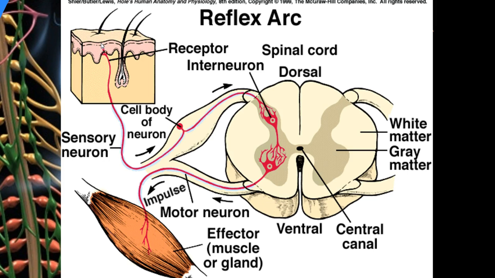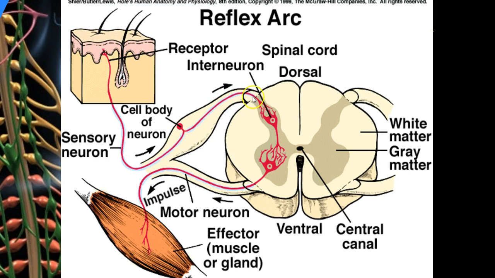So if pain receptors in the skin were to fire, and the amount of pain was enough to get a significant amount of electrical stimuli to flow down the sensory neuron, we would see it processed by the cell body, which in this case in the sensory neuron is actually midway down the neuron. Not to confuse things, you don't have to worry about that too much. But that information would trigger a reflex response if the pain threshold was achieved.